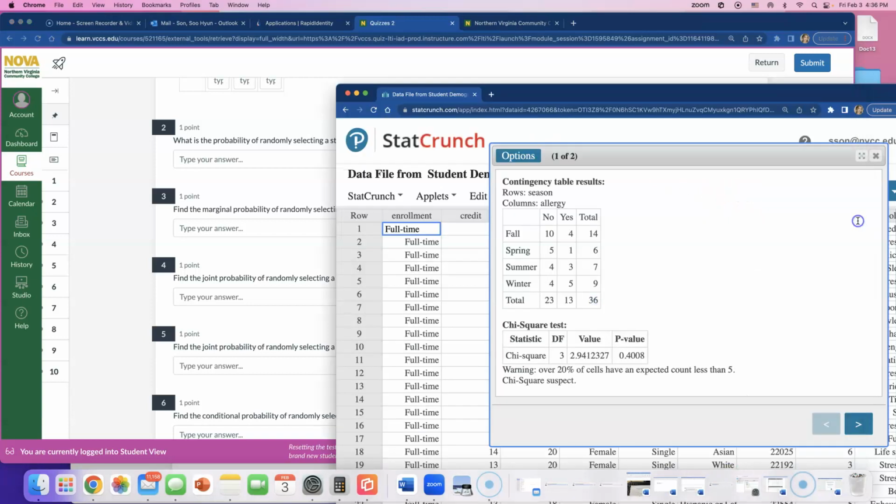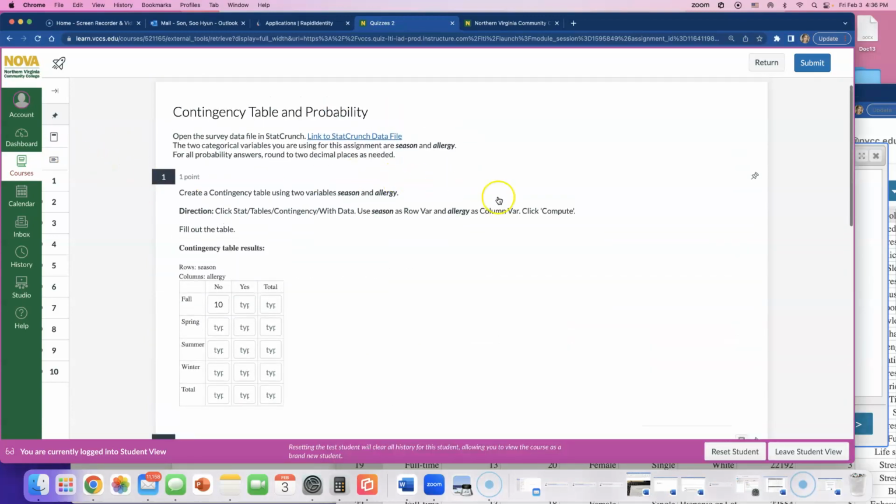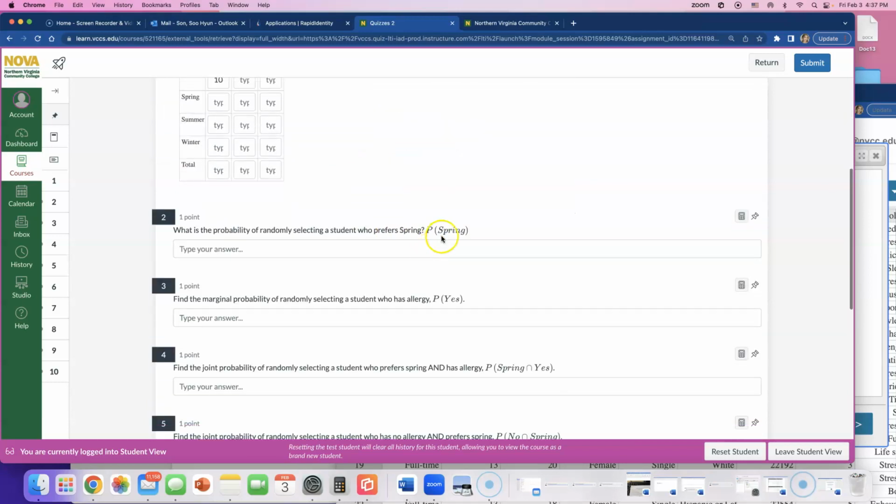So you will take the number of people who like spring, which is 6, and divide that by 36. Make sure to round your decimal to 2 decimal places, okay? If you miss it just because of rounding, it's going to tell you that you got it wrong, but you can email me and ask me about rounding, and I'll double check on it. That's how you can find the probability of liking a certain season.